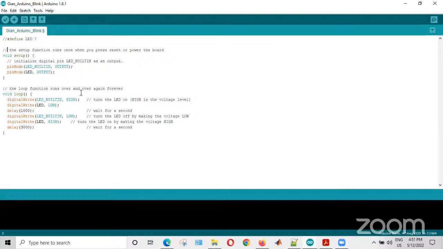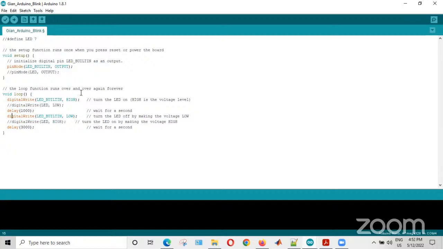So this will blink the built-in LED present on Arduino. Now, first of all, we will understand the parts of this code. Then we will burn this code. The process of writing the code or the compiled code on chip is called as burning. Then we will burn this code on the Arduino. Then we can see the output.